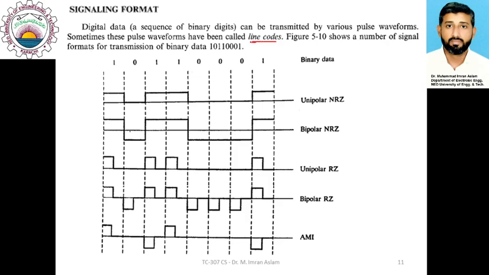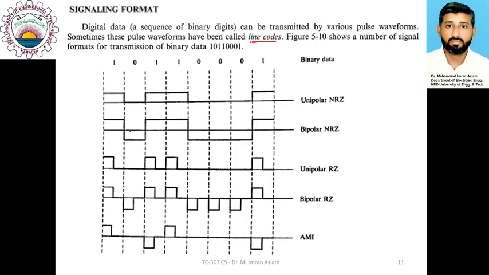So what are the line codes, or what are the signaling formats that can be used to represent those signals? Here is a brief summary for such codes. Actually, there are a number of different types of waveforms that can be used in this particular scenario.